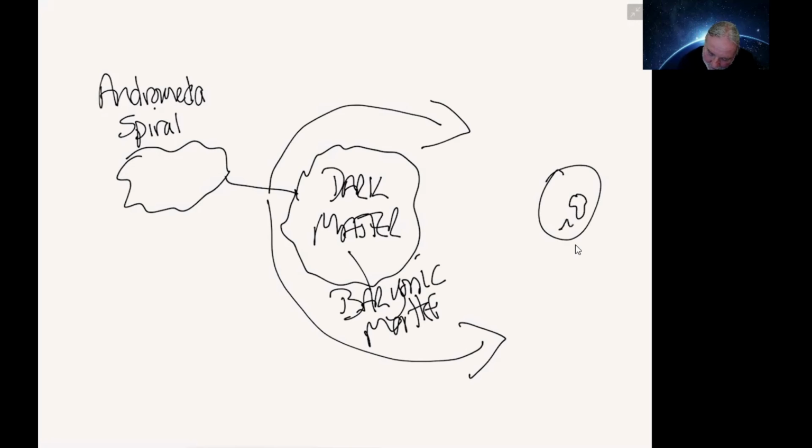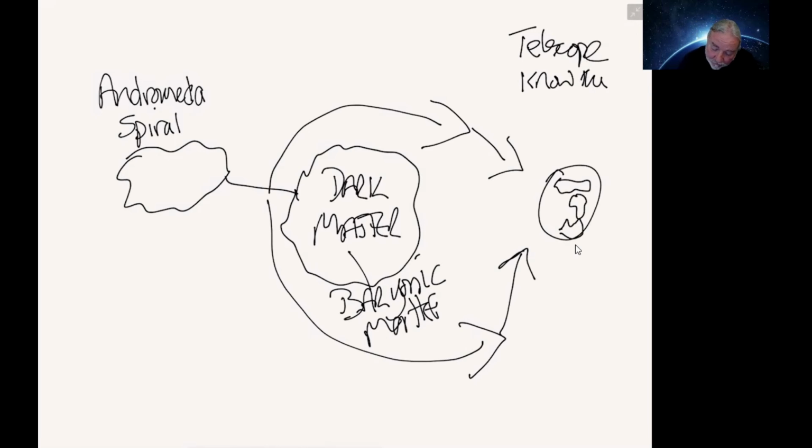So we've got the Earth here. Now, believe it or not, when we get here, we've got a choice to measure it through a telescope, and we will know the which way.